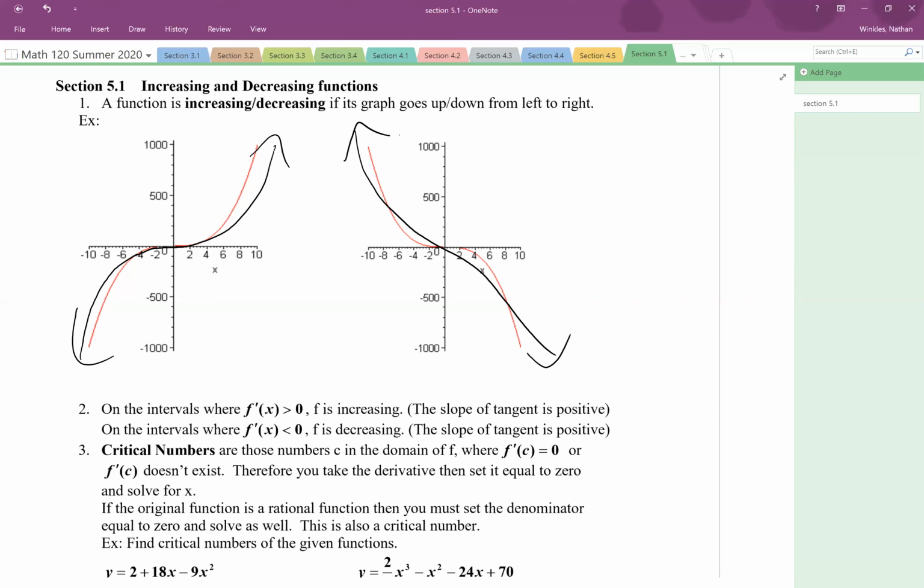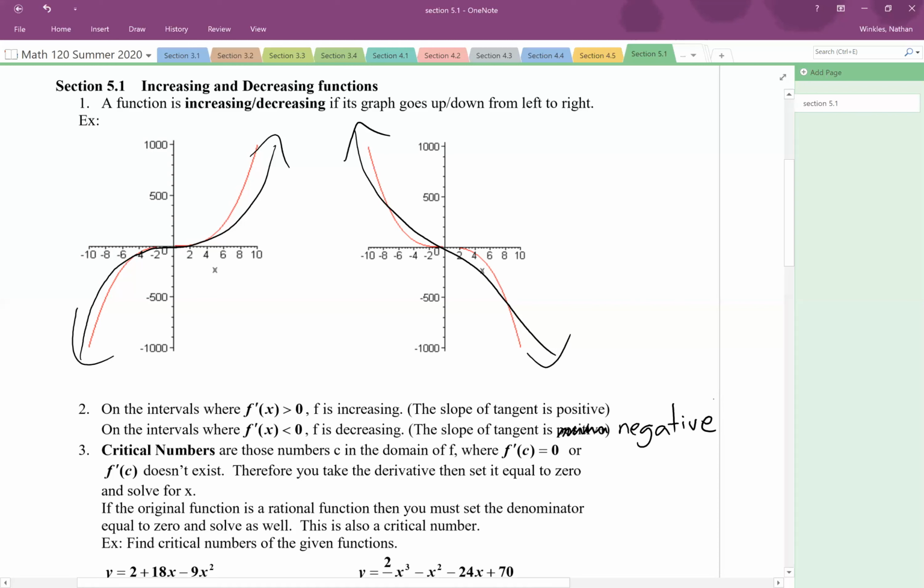The slope of our tangent line should be negative. Now, how do we find the spots where it may cross from increasing to decreasing or decreasing to increasing, or be constant, however we want to talk about it?